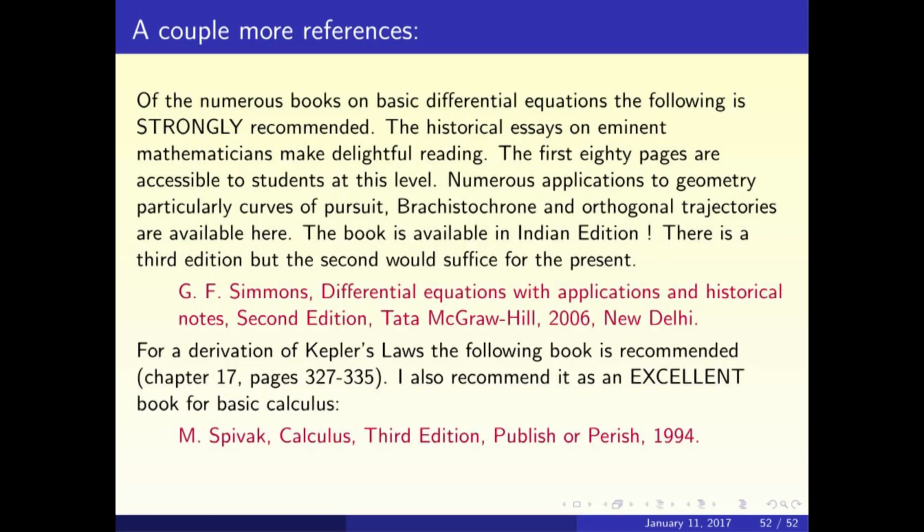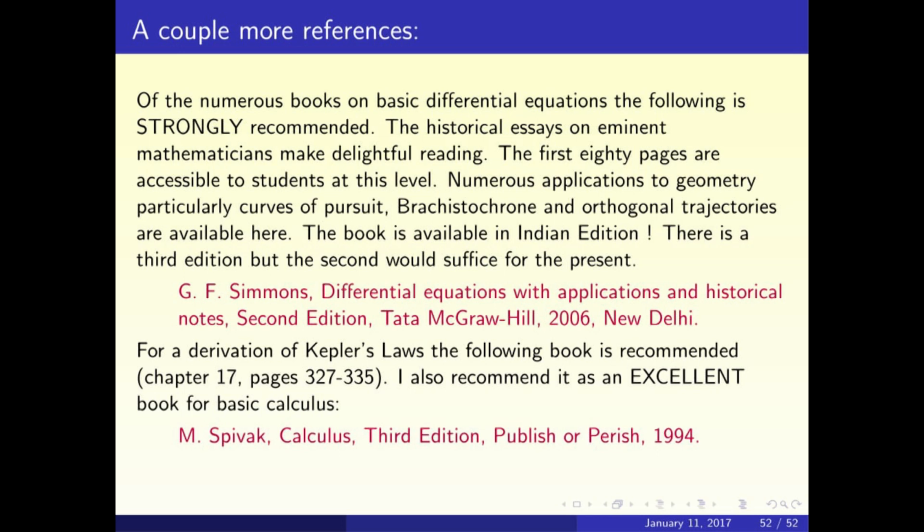The first reference is a very beautiful book by G.F. Simmons, Differential Equations with Applications and Historical Notes. The second edition is what I'm referring to. It's published by Tata McGraw-Hill. The third edition has also come out, but the second edition will suffice for our purposes. This is a very good book.